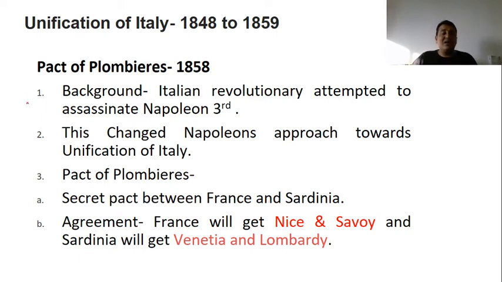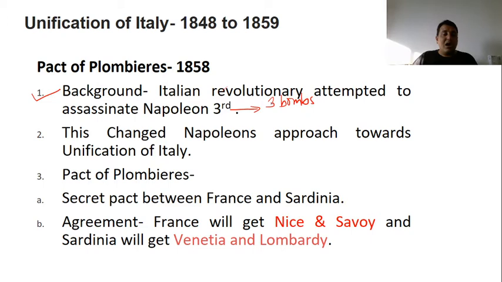But as I mentioned, the Sardinian people wanted more support, and that's the reason that in 1858 an Italian revolutionary leader attempted to assassinate Napoleon III. He threw three bombs. Just imagine, three bombs over Napoleon III, and somehow Napoleon III escaped from it. Somehow he saved his life, but it was a real shock for him.